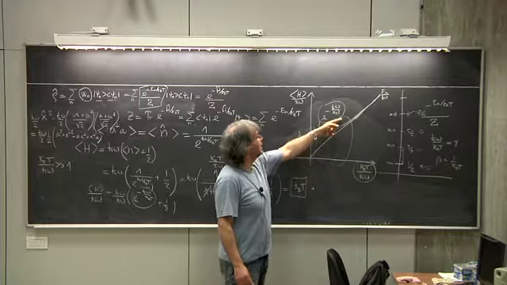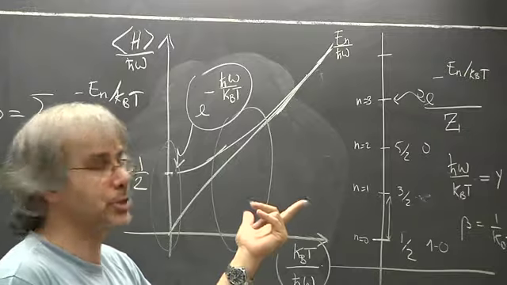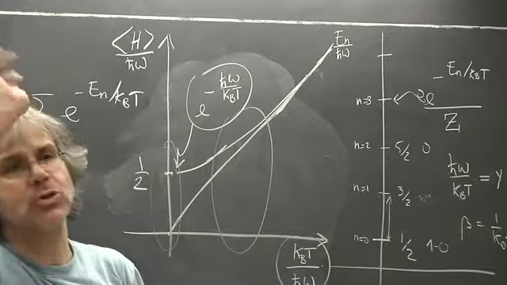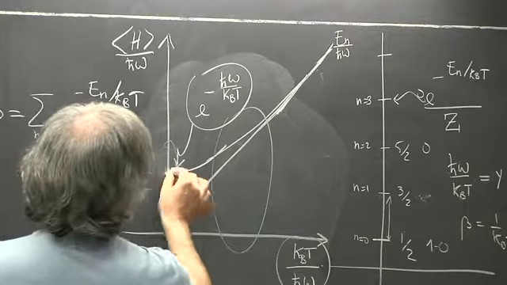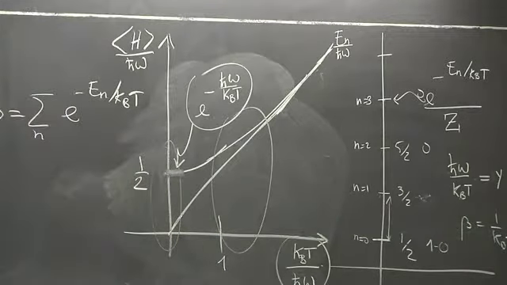At finite t, you have to calculate this number, okay? Which is obviously e to the minus a number divided by something very small. So e to the minus a very, very large number. So exponentially small. What else can I tell? It depends on how large is the ratio of h bar omega to kBT. But this is a very small number in this region here. So this is much smaller than 1, okay?